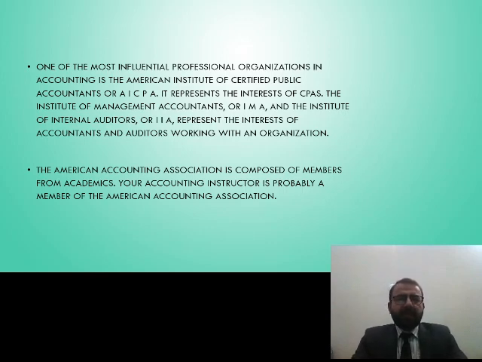It represents the interests of CPAs. The Institute of Management Accountants, or IMA, and the Institute of Internal Auditors, or IIA, represent the interests of accountants and auditors working within an organization. The American Accounting Association is composed of members from academia. Your accounting instructor is probably a member of the American Accounting Association.